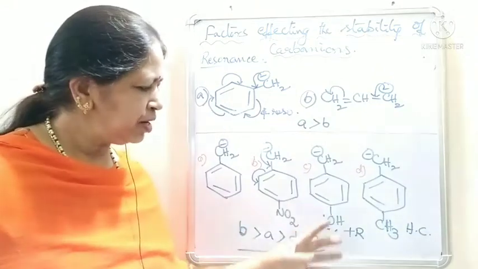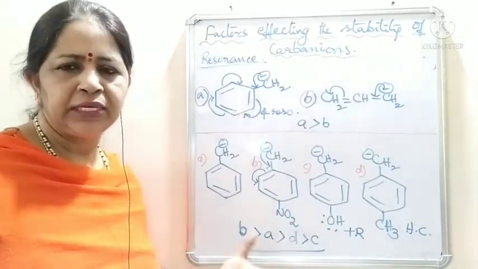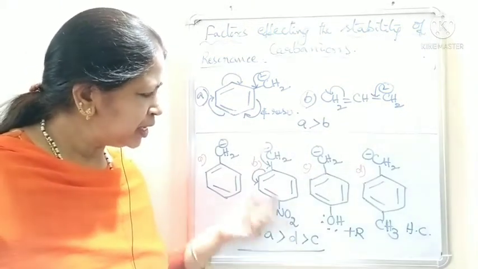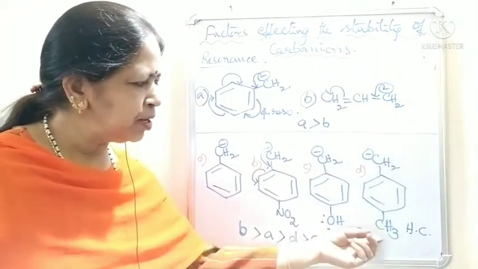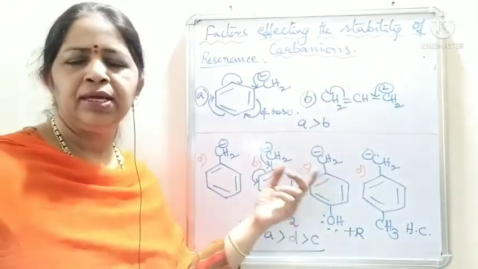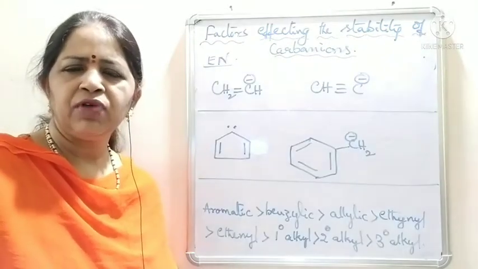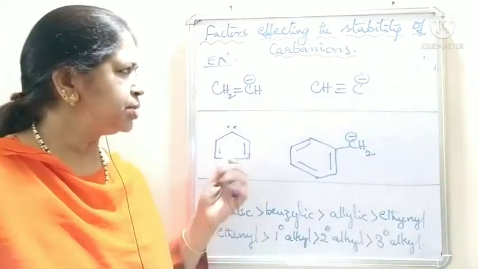It depends on whether the groups are electron releasing groups or electron withdrawing groups. Electron withdrawing groups will increase the stability of carbanions, and electron releasing groups will destabilize the carbanions. Okay. Now let us see what is the effect of electronegativity and aromatic nature in these examples.